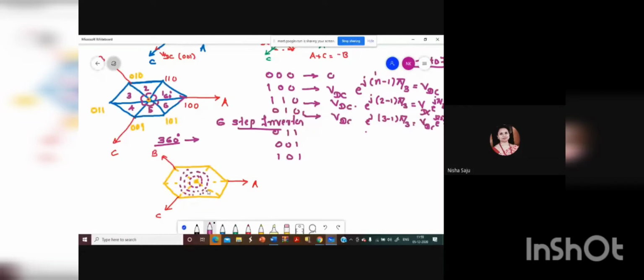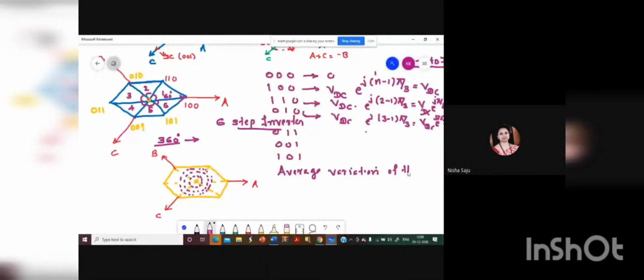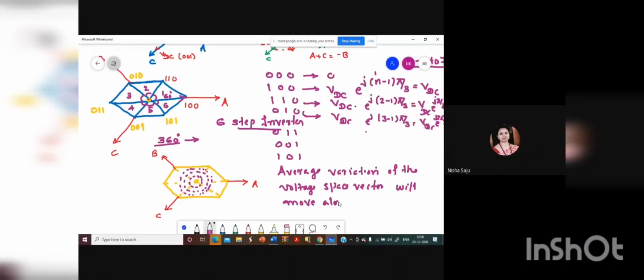You can see different circles are possible. So the average variation is also another important point: the average variation of the voltage space vector will move along a circle with uniform velocity.